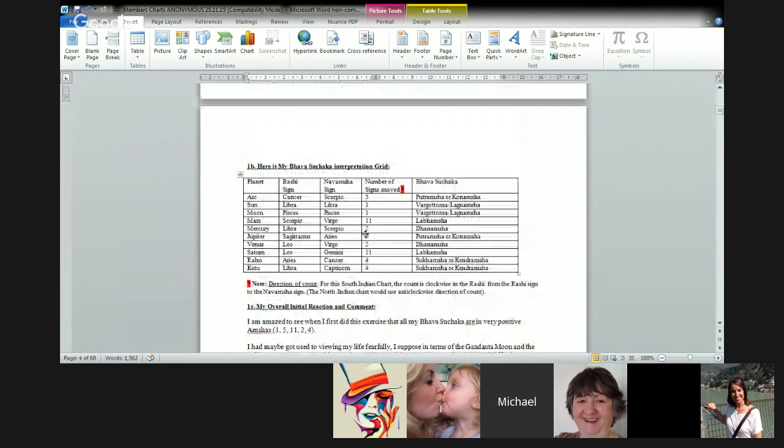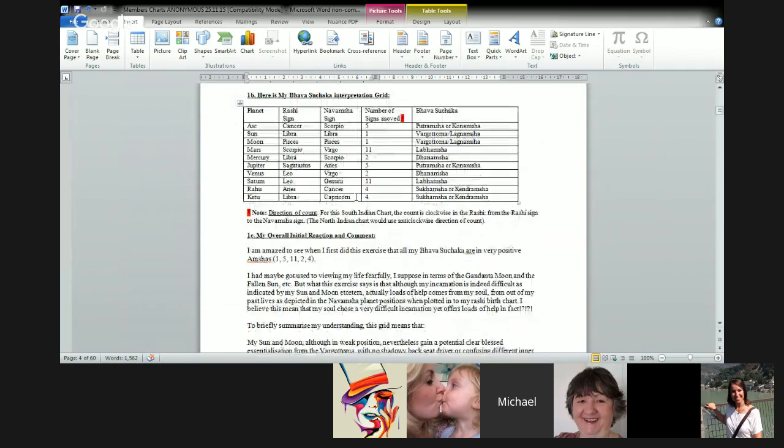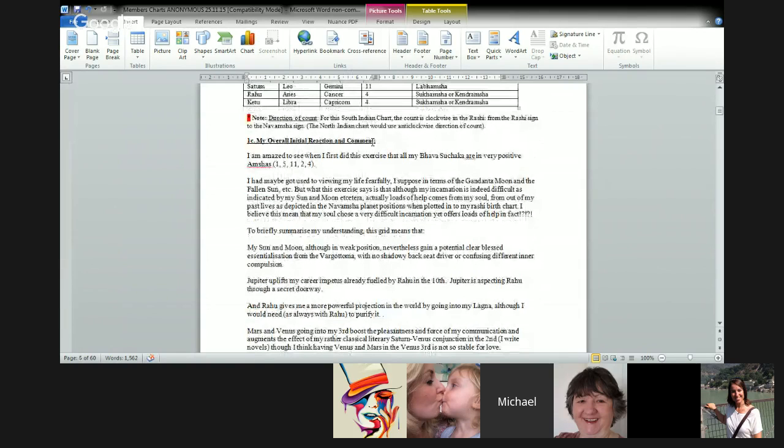I have given you the meaning of each of these in another document. I'm just wondering if I can stop sharing the chart and share the buzzwords. Let's just see, so we'll try a chart share.